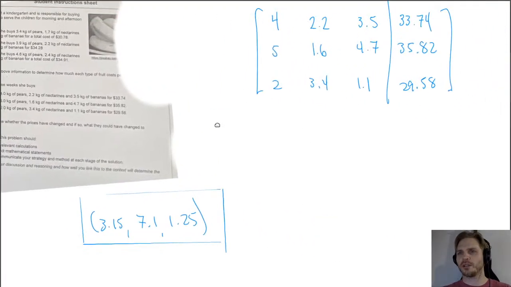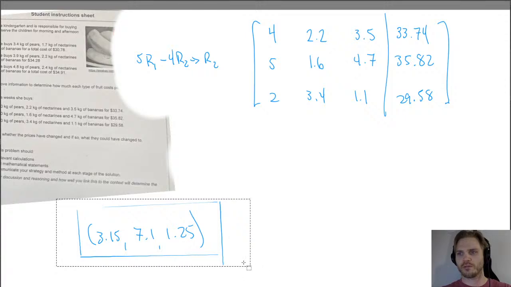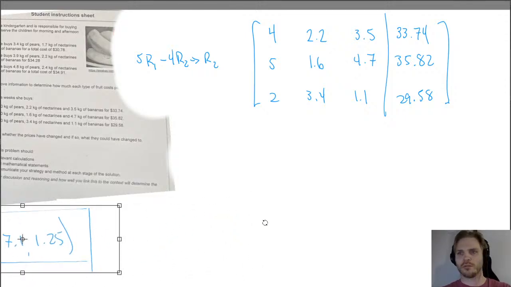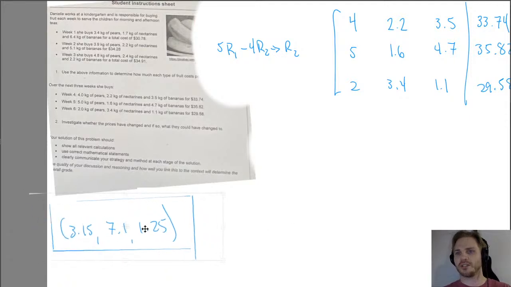All right, so the first operation is going to be 5 times row 1 minus 4 times row 2. That's going to be our new row 2. Oh, first let me say what I actually said I was going to do.